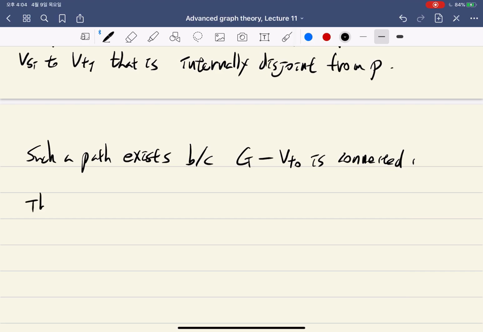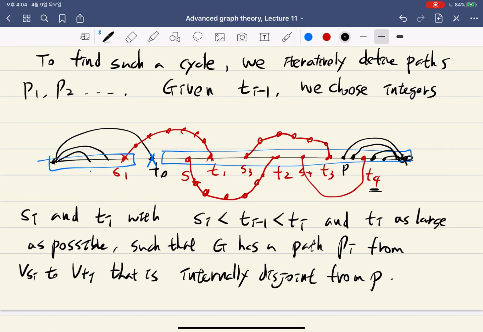So first, we know that these paths are disjoint. Why? If this path and this path are not disjoint, they share one vertex, say this vertex and this vertex are the same. Then you go to here and then you come here. Then you get again a path that starts from left of T0 and arrives at right of T0, but arrives at T2, which is bigger than T1.